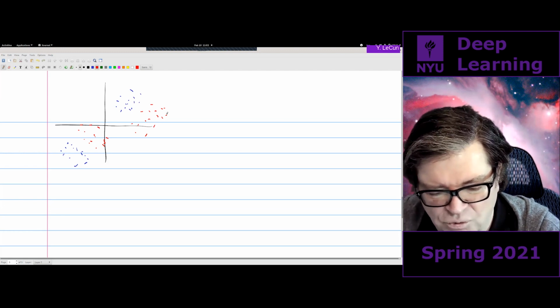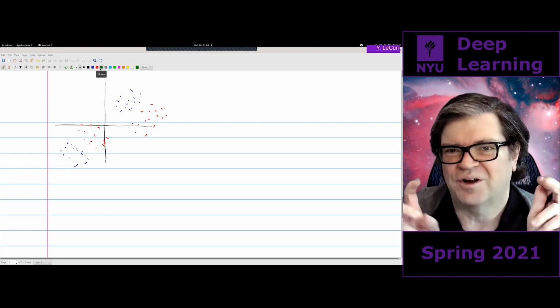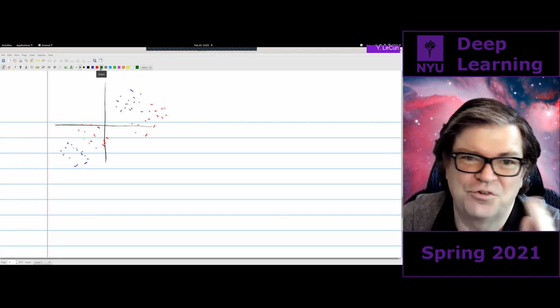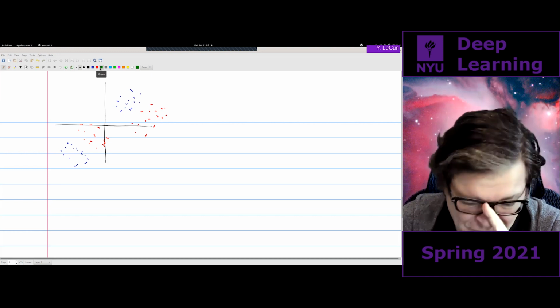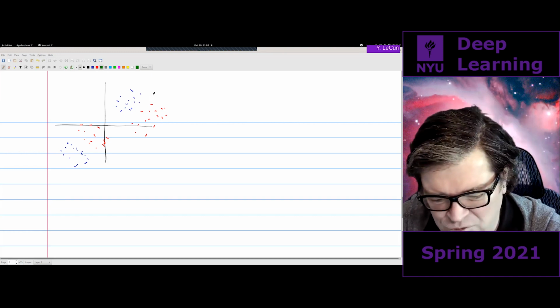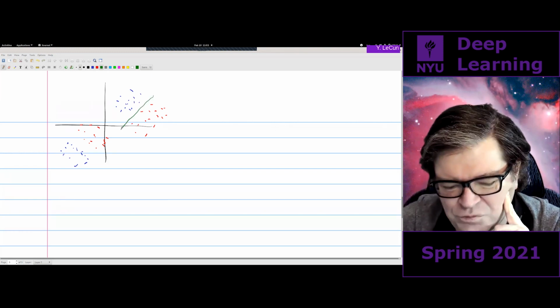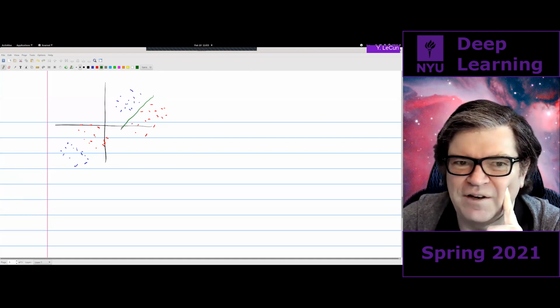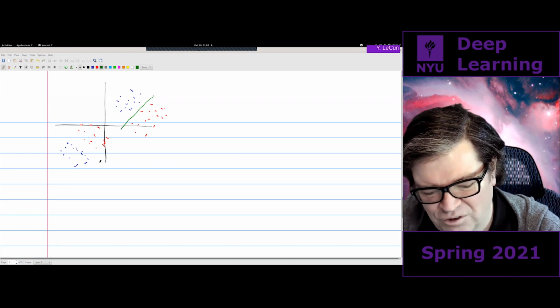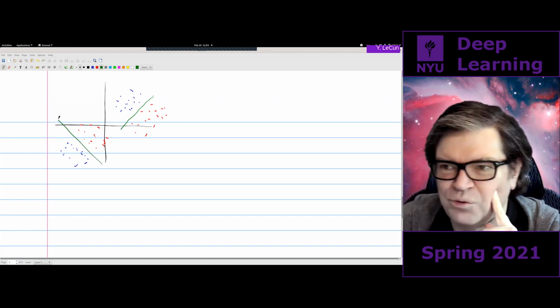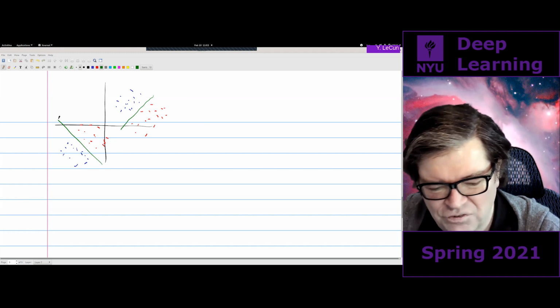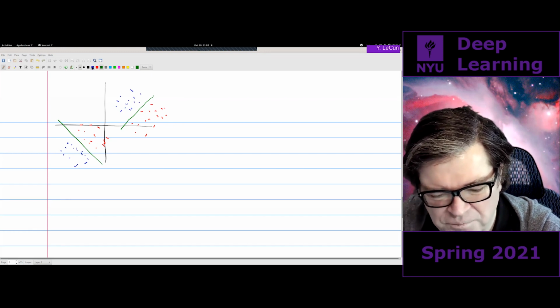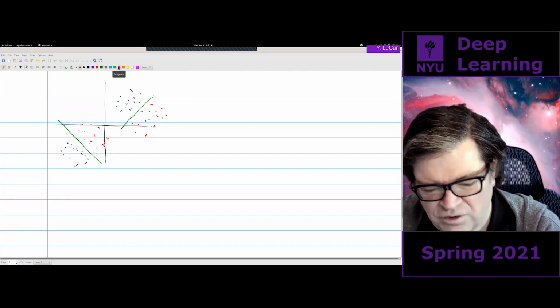Ideally, let's assume our experts are linear classifiers, so a single layer neural net, basically. What we'd like is one expert to tell us in this part of the space which category is blue and which one is red, and another linear classifier to tell us in this part of the space where is blue, where is red. And then what we need is the gator system to tell us.